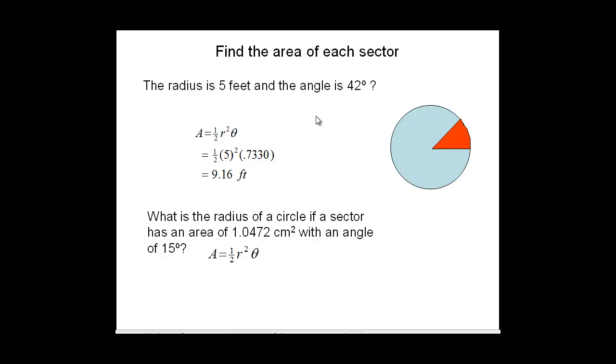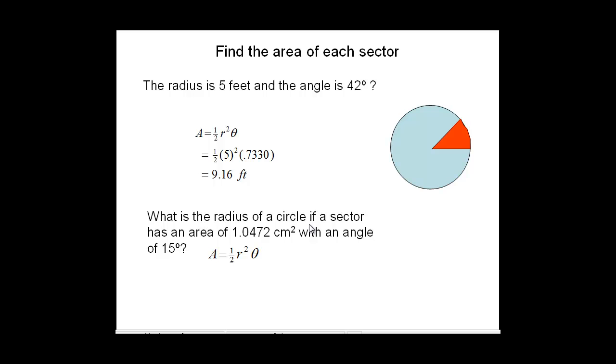When I took the 42 times pi divided by 180, I came up with 0.7330 for my angle theta, in 1/2 times 5 squared. So the 42 degrees I converted into radians by multiplying by pi and dividing by 180. Then if you multiply this out in your calculator, 1/2 times 5 squared times 0.7330, you should come out with about 9.16. That should be square feet, not feet.